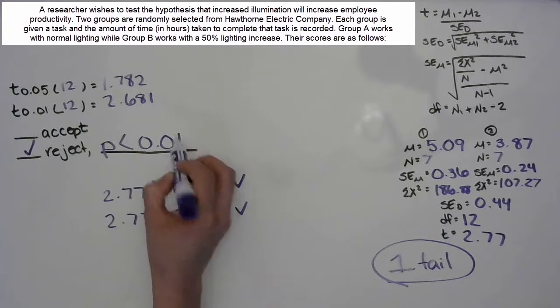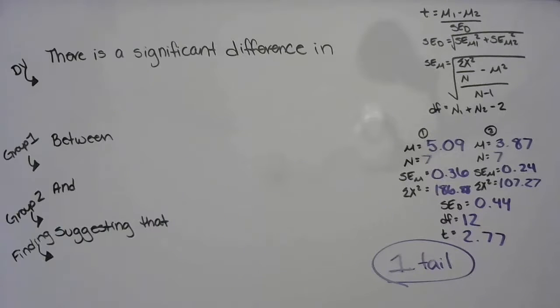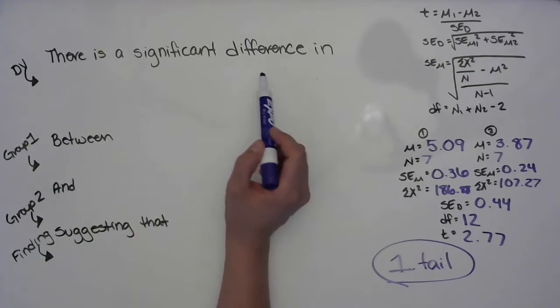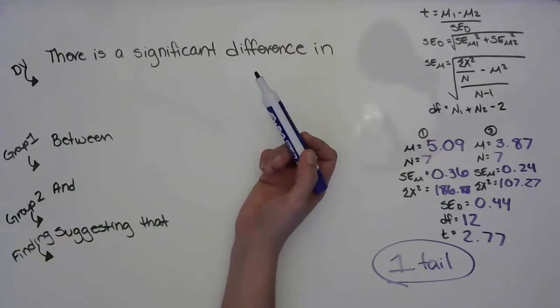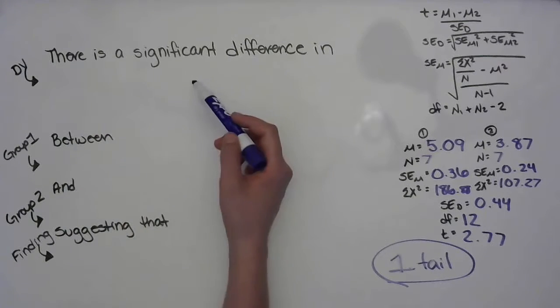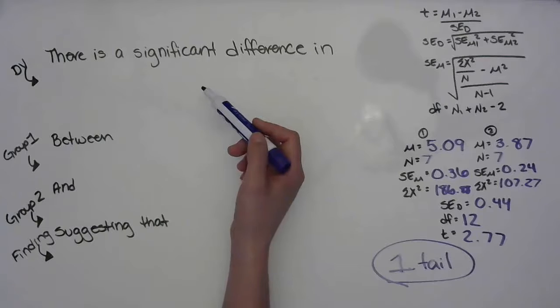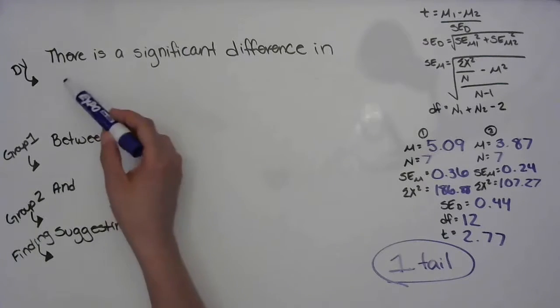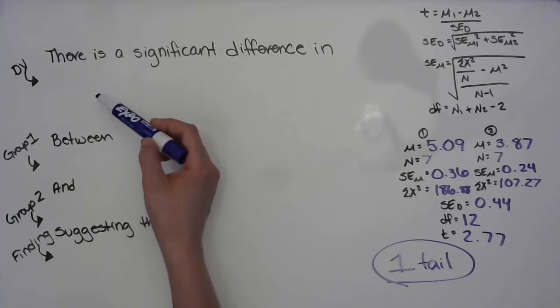Lastly, if you wanted to put your findings into a sentence form, here is a little template that I use for independent t's. You start by saying there is a significant difference. Now, if you did not find a significant difference, obviously you would put there is not a significant difference. But for this problem, we did find a significant difference. So there is a significant difference in, and then in this spot here, you write your dependent variable.